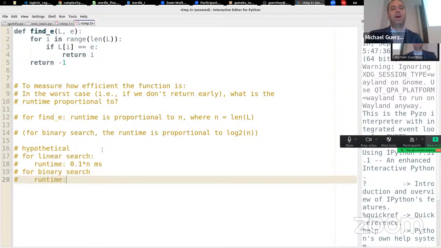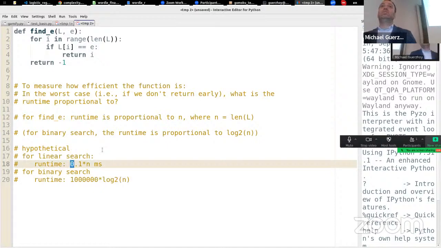Let's say that the runtime is like this much. It's still the case that binary search is much better. And that's because when it really matters, when the input is large, this is still going to be smaller than this. And that's because n grows much faster than log n. So that was the point of the example from last time. Does that point make sense? Questions?